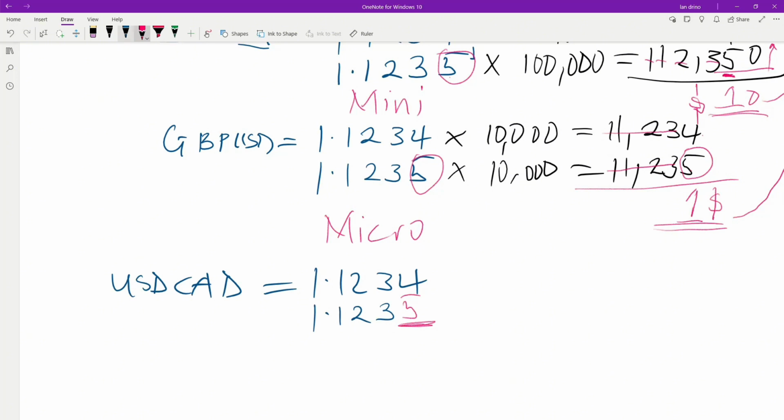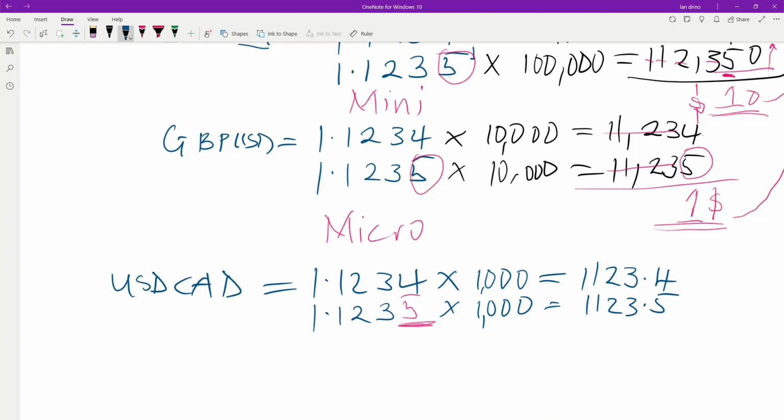We are going to do the same thing. We are going to multiply the initial price by your account size, which is 1000. And if you do this correctly, you are going to have 1123.4. If you multiply the second value by 1000, you are going to have 1123.5. I hope this is clear.